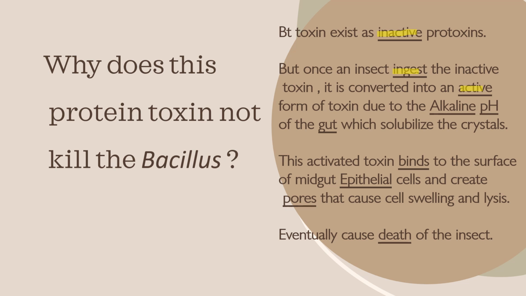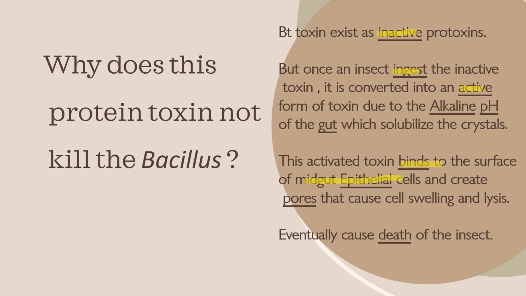So what happens after ingestion of this toxin inside the insect's gut? It is converted into the active form of toxin, and now this active toxin can bind to the surface of epithelial cells, or midgut epithelial cells, of the insect and create pores which cause cell swelling and lysis, which eventually cause the death of the insect.